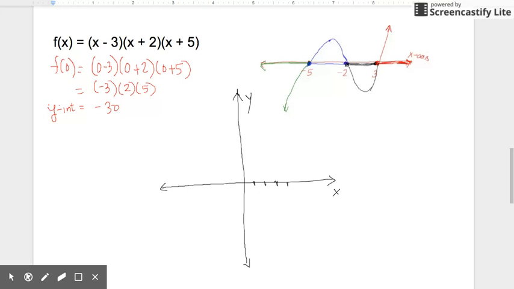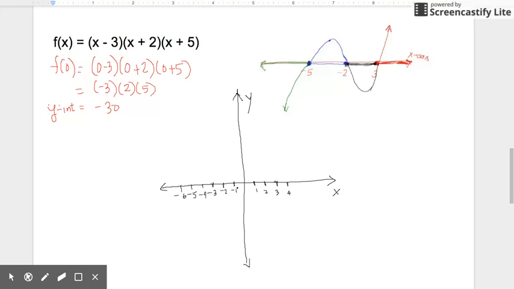So I'm going to have here 1, 2, 3, 4. Then here, make sure equal spaces. Okay, so this is negative 1, negative 2, negative 3, negative 4, negative 5, negative 6.